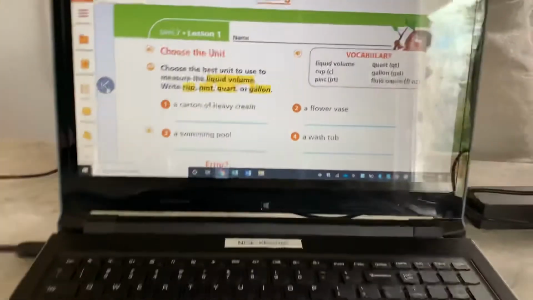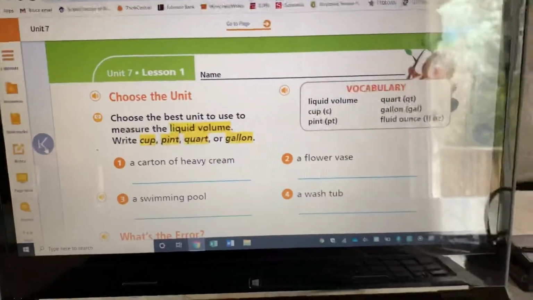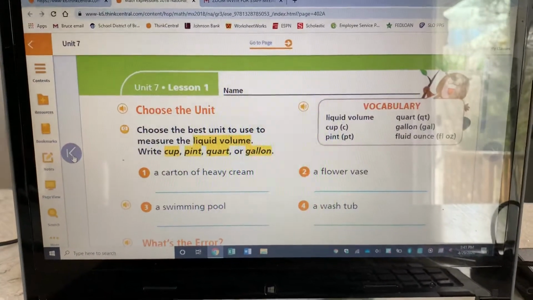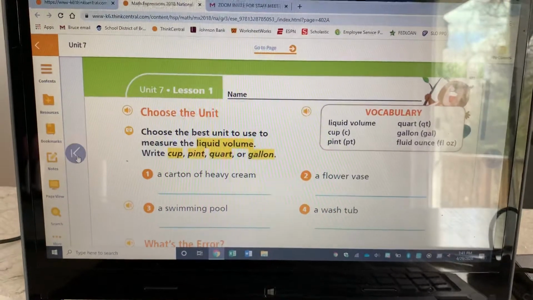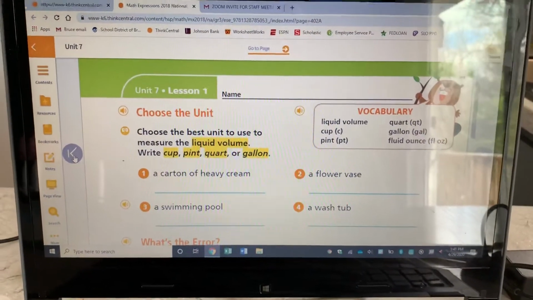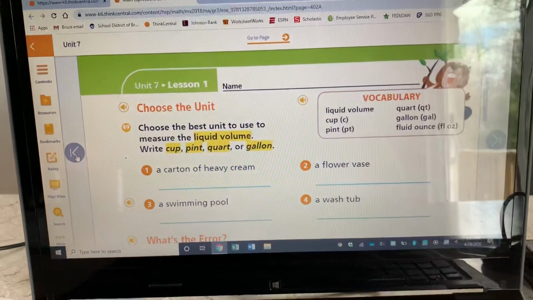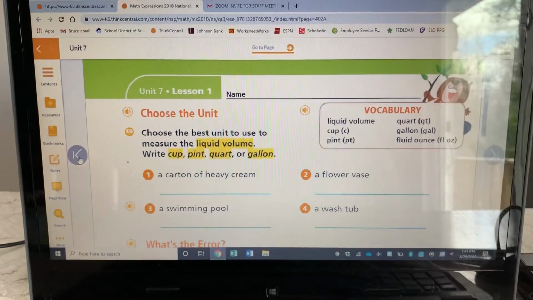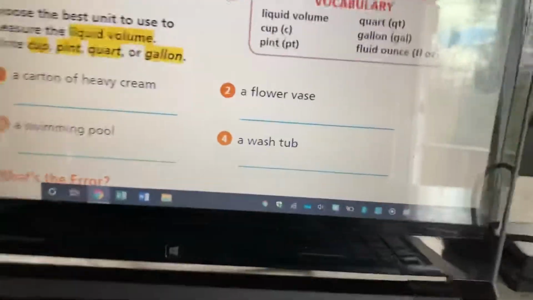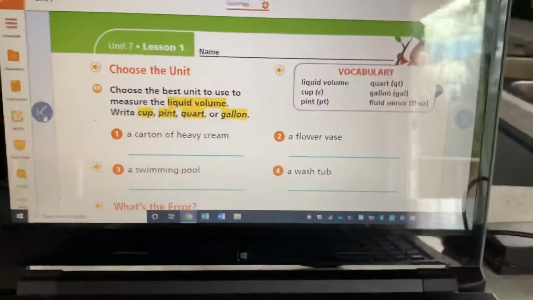Now, you have to use all the words from those cards to try and answer these questions. For these first ones, it's asking you to use your common sense to decide what unit you would use to measure the liquid volume. On the Zoom meeting yesterday, we filled a cup of water and talked about how volume is how much space something takes up. So let's look at number 4, a wash tub. A wash tub is pretty big, right?